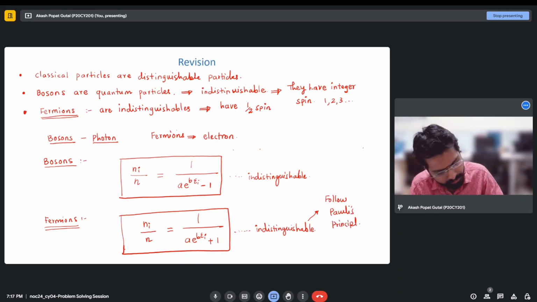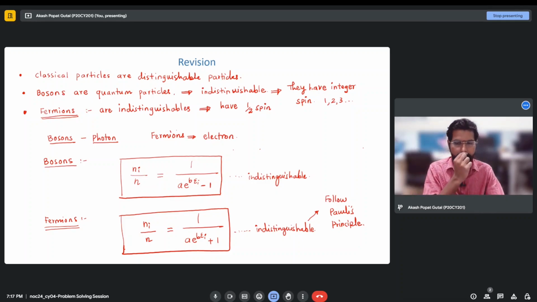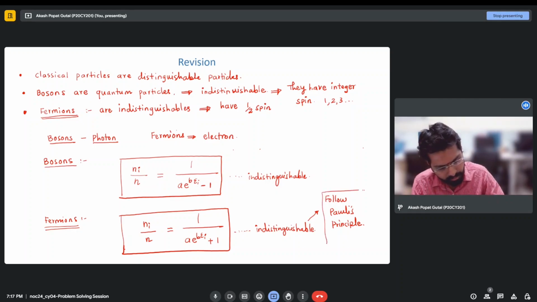What Pauli's principle says is that no two fermions can have the same quantum numbers. Because of that, at the same energy level only two fermions can occupy, and they will have opposite spins. So remember they follow Pauli's exclusion principle.